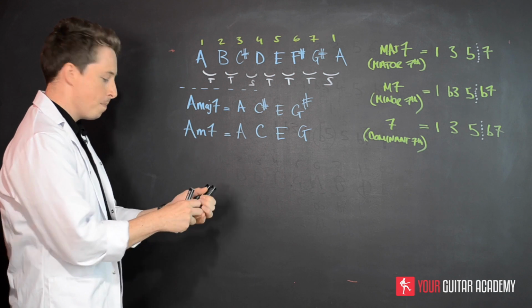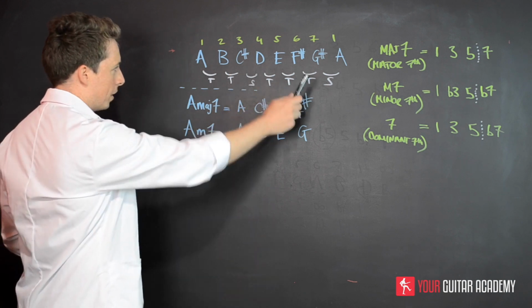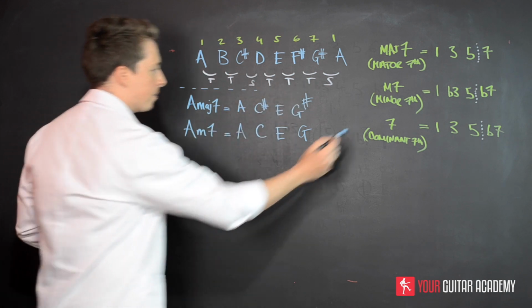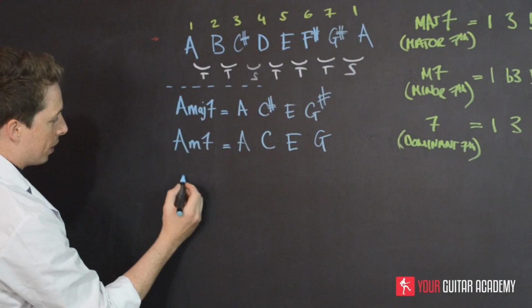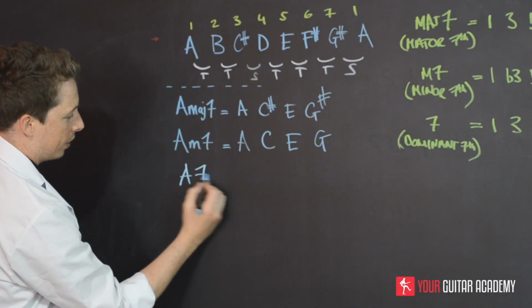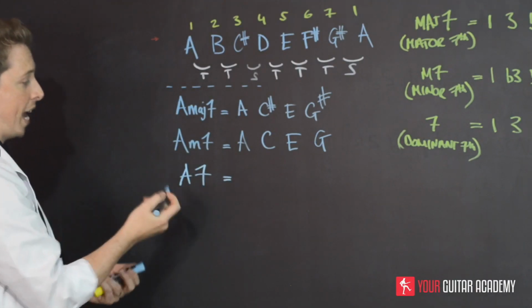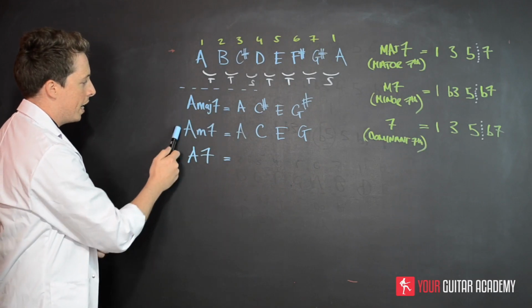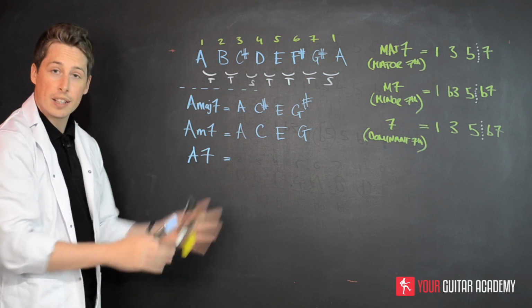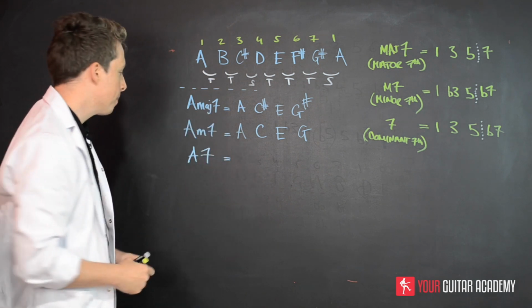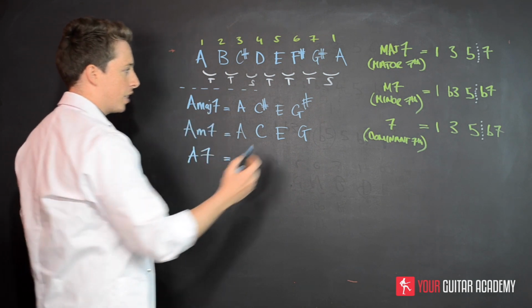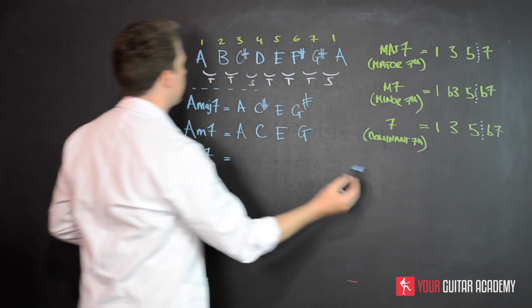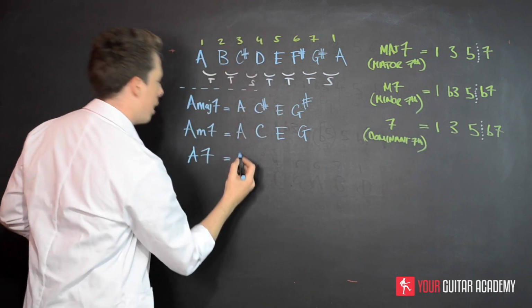So let's go through and do an A dominant 7, okay? So like I said here, an A7 will be written like that, A7, which basically means A dominant 7th, okay? So now we can see very clearly what your 3 7th chords are going to look like when you read them on a chord chart. So let's put this together, okay? So we know we've got the 1, 3, and 5 to start with, so that's A, C sharp, and E, okay?